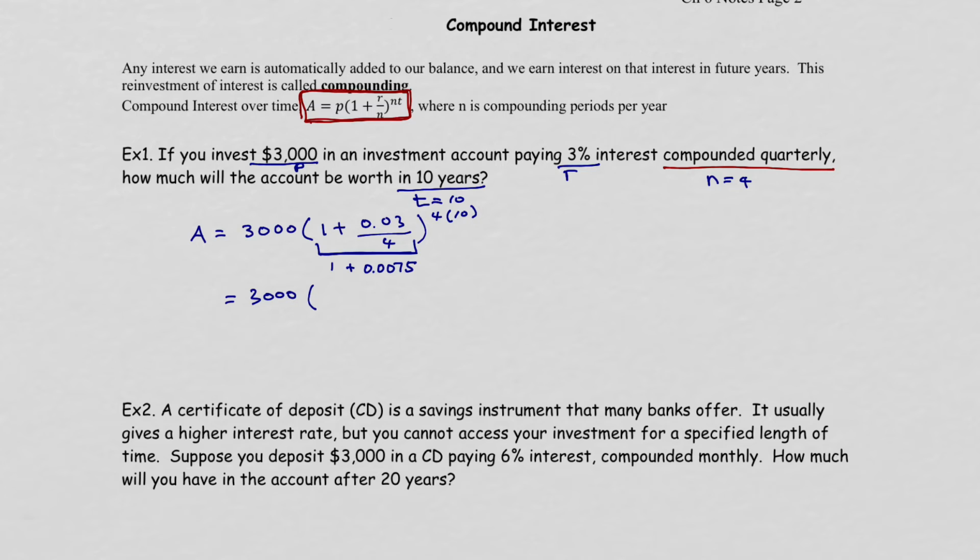So if you have a calculator where you cannot put all this in at once, then that's how you will need to start it, from inside out. So you will do 1.0075, use the exponent notation to the 40 as the exponent, and then push the equal sign and then multiply by 3,000.